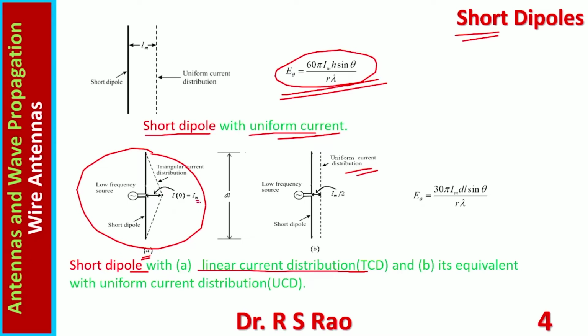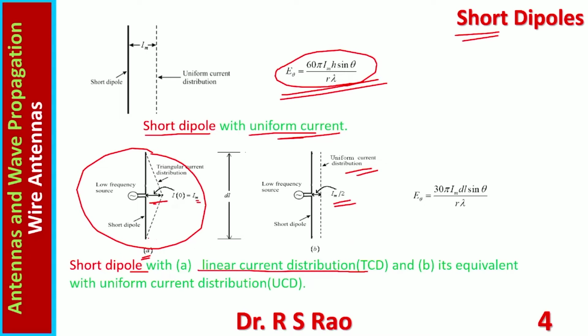This linearly varying current is equivalent to a uniform current whose magnitude is Im by 2. Here Im is the maximum value. In the equivalent, the amplitude of the uniform current distribution is Im by 2. These two are equivalent.